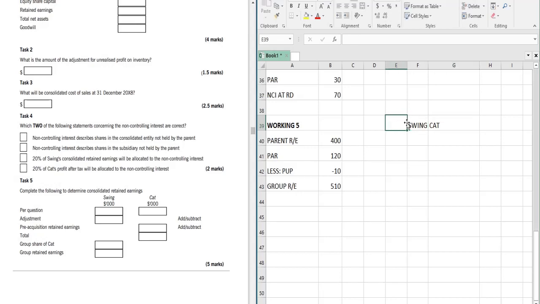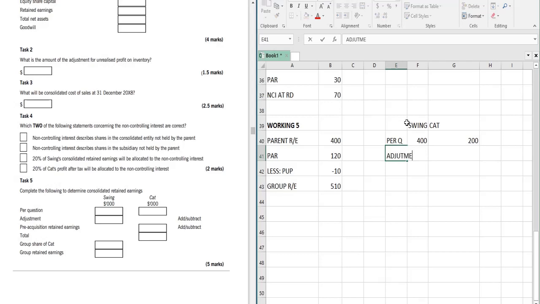As per the question, we have the adjustments to retained earnings. What is the retained earnings of Swing, who is the parent? It is 400. And what is the retained earnings of Cat, who is the subsidiary? It is 200. Then we have the adjustment.